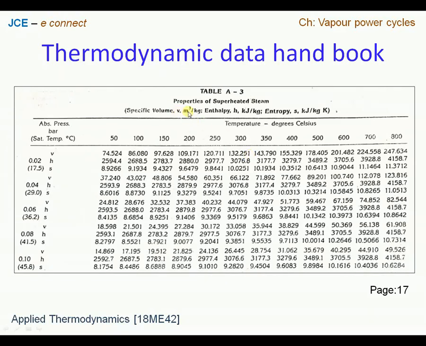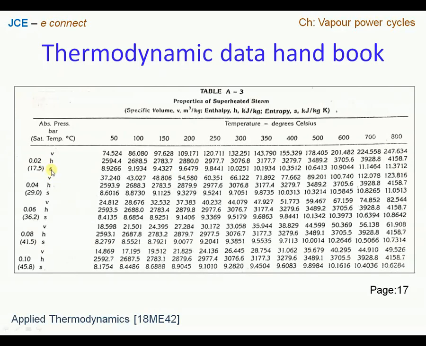So specific volume is in terms of meter cube per kg. Similarly, we have here enthalpy, and the entire row corresponds to the enthalpy values for the corresponding temperatures listed here. So for example, for 200 degrees Celsius, the enthalpy at 0.02 bar will be 2880 kilojoule per kg. So it is in terms of kilojoule per kg basis.